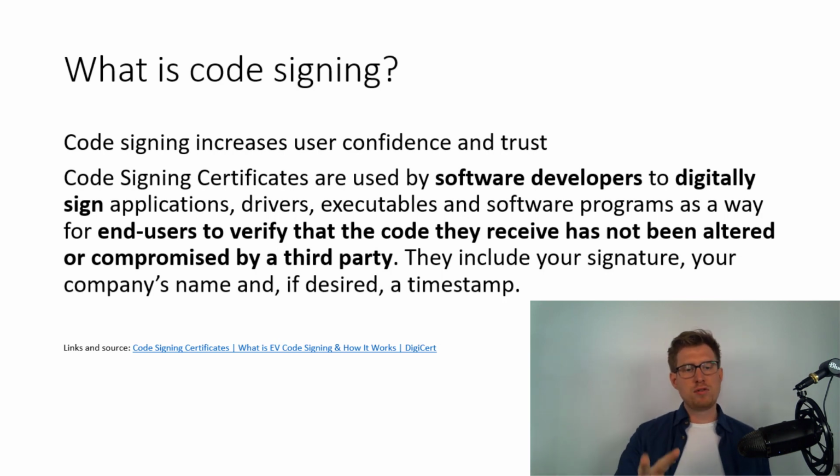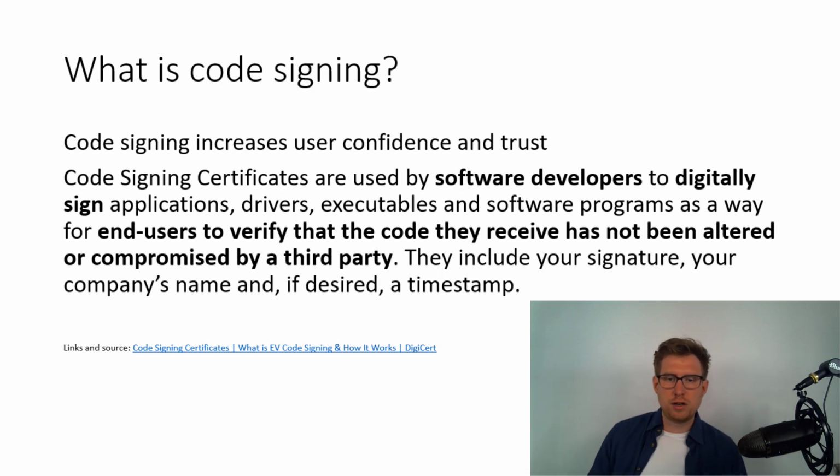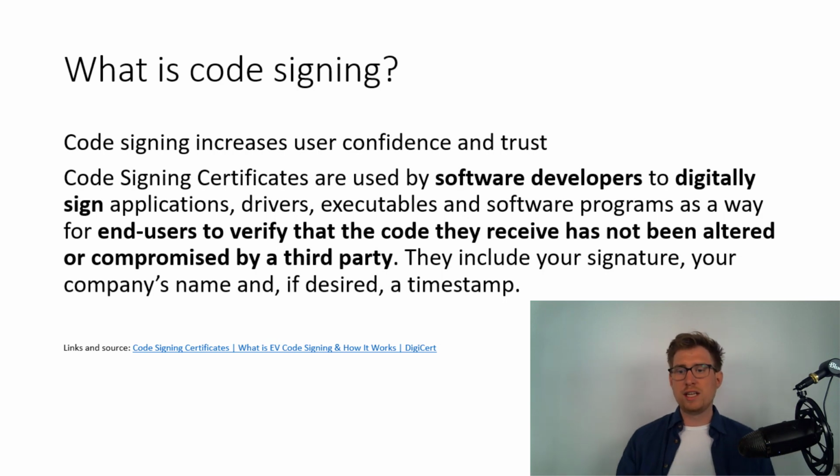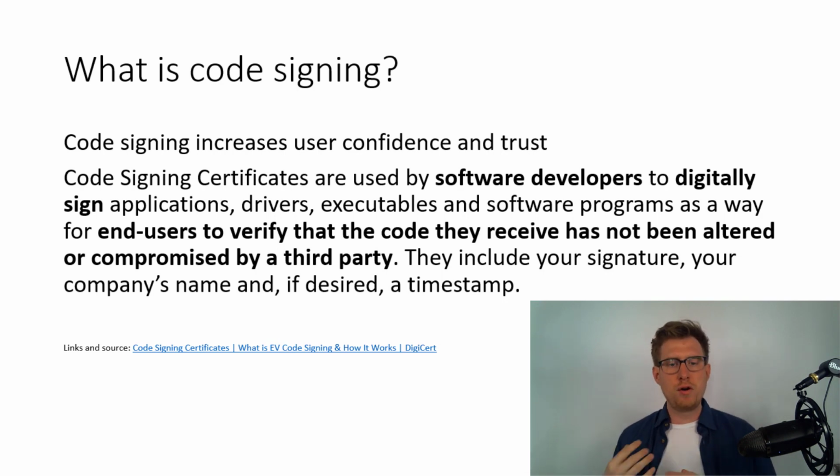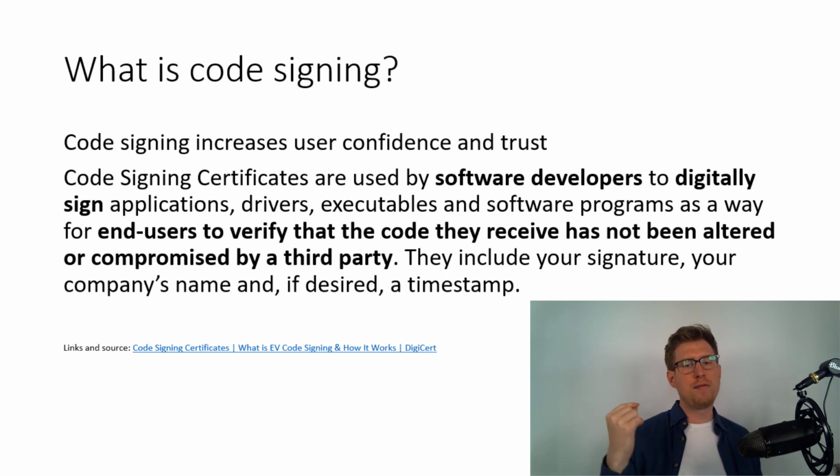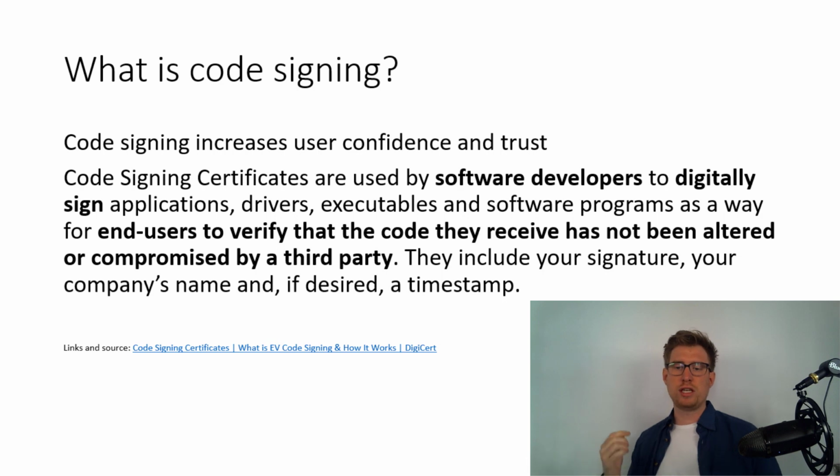If we dig down into the DigiCert words they have put on their website: code sign certificates are used by software developers to digitally sign applications, drivers, executables, and software programs as a way for end users to verify that the code they receive has not been altered or compromised by a third party. They include your signature, your company's name, and if desired, a timestamp.